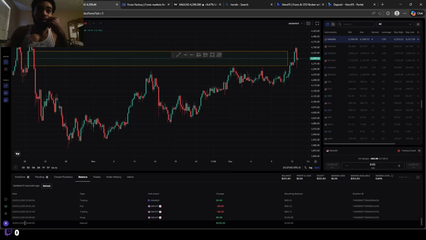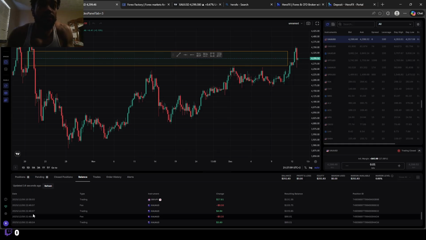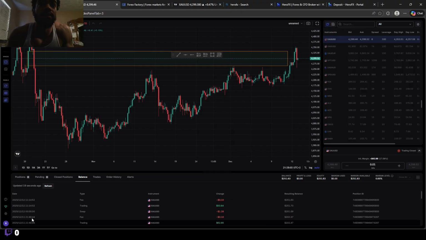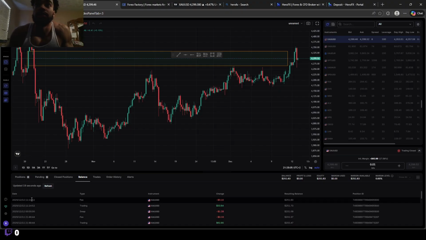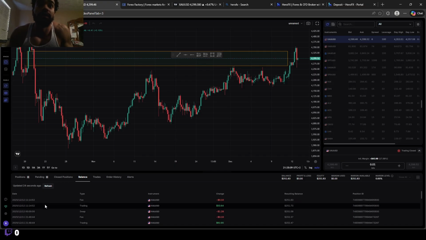I didn't start trading until the next day, the 6th. Placed the trade, held it for like 3 days. Started to close it, opened some more up. 9th, 10th, 11th, 12th. Last trade was on the 12th. Within like a week, I was already up 250, right?